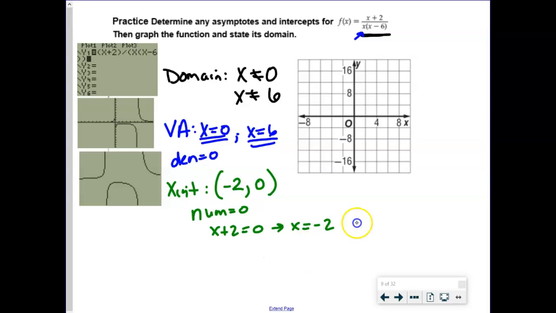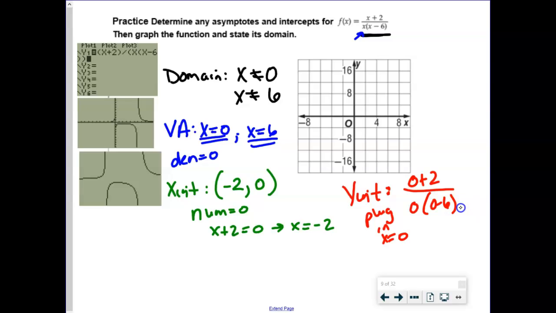Now I want the y-intercept. The y-intercept is found by, I know it's not the fancy term, but plug in x equals 0. So be careful here. You have a 0 plus 2 over a 0 times 0 minus 6. So it's 2 divided by 0, which is undefined.